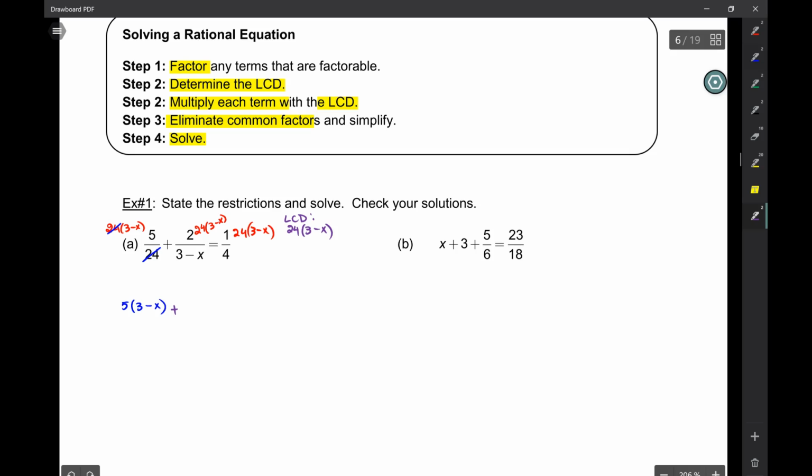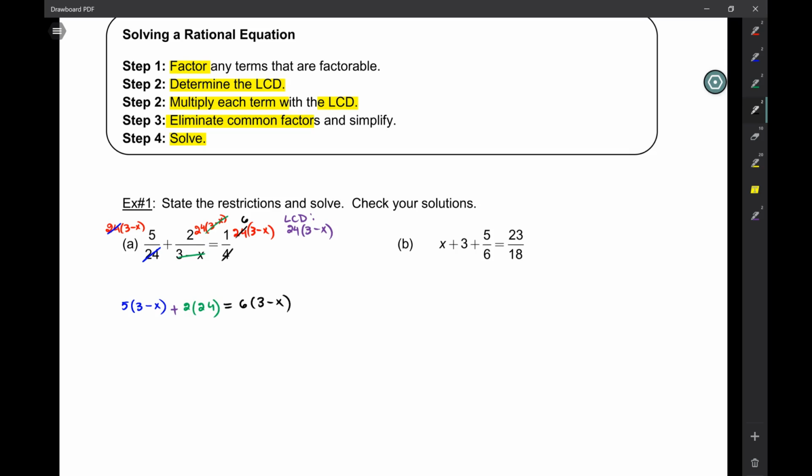Plus, what can I cancel out here? 3 minus x, 3 minus x. And I'm left with 2 times 24. Equals, what can I cancel out there? 24 and 4 giving me a 6. And I have 6 times 3 minus x.